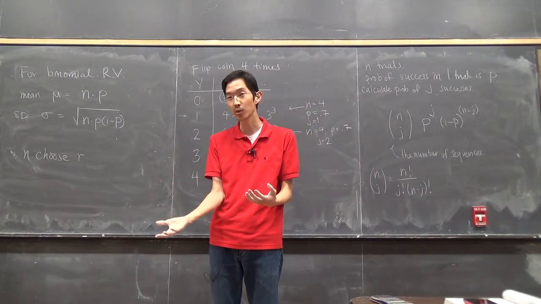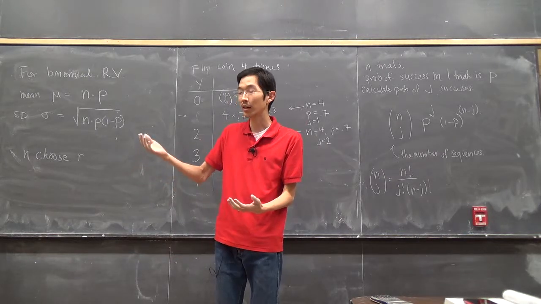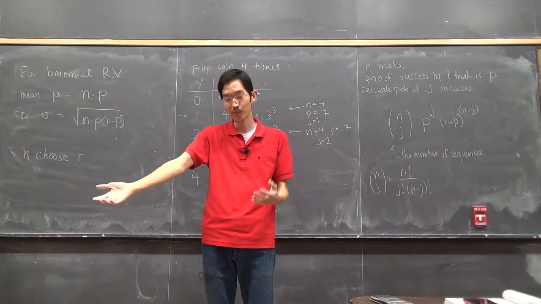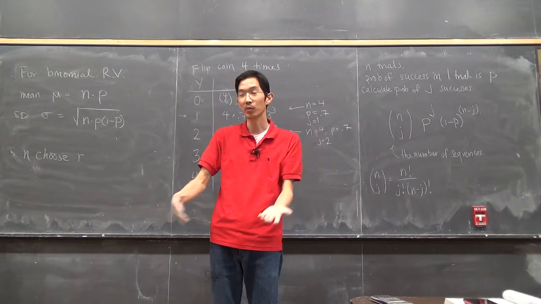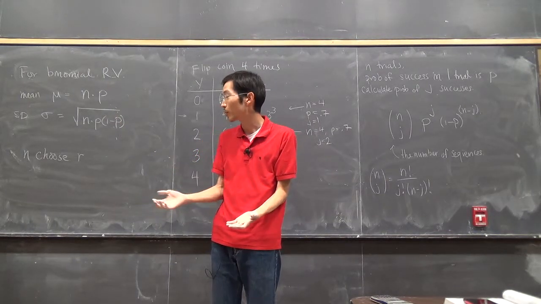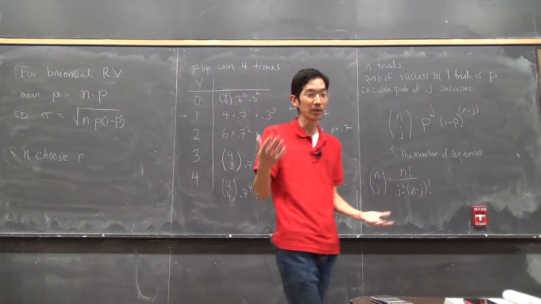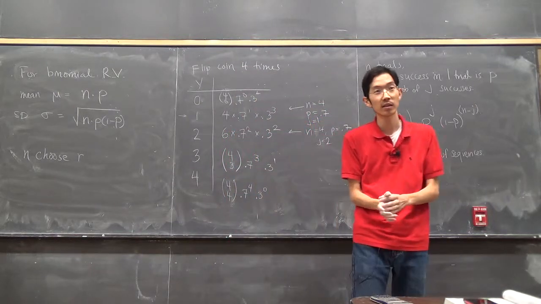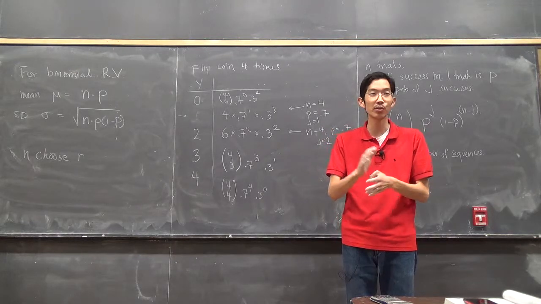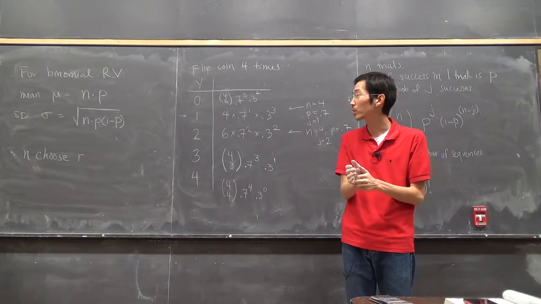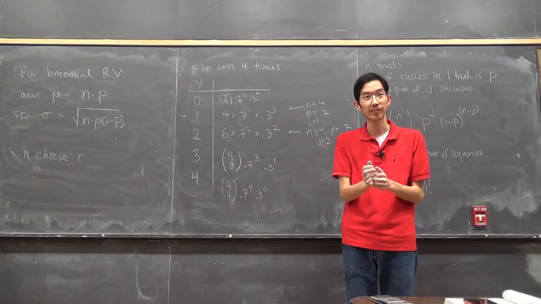And every time you do it, you have either a success or a failure. Either something happens or it doesn't. And we're looking for the probability of getting j successes. So pay attention to when we use the binomial random variable.